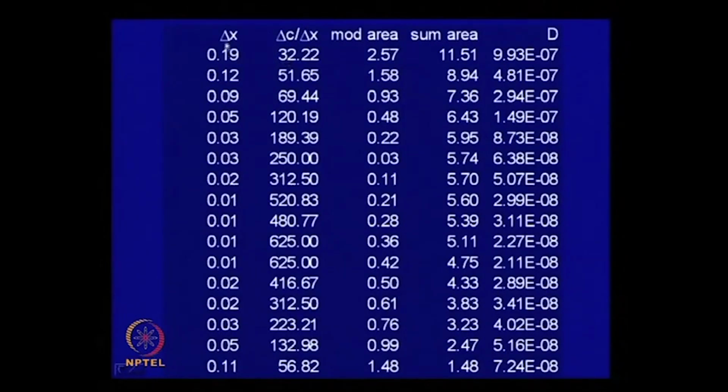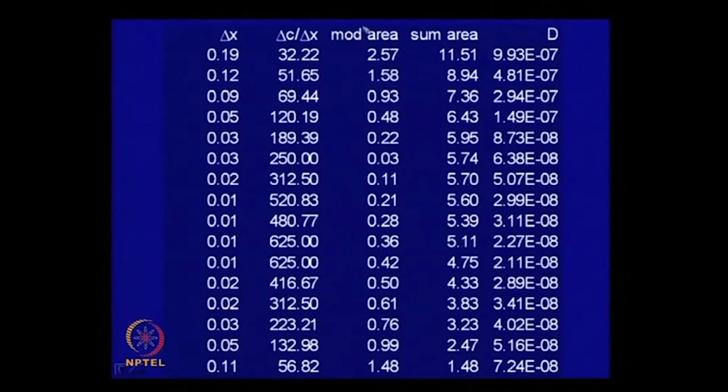Now you can try and find the slope of the plot. You divide delta C, which we have found, by delta x, which you can find similarly, and the ratio of the two gives you the slope of the plot. When you calculate this area, you have to ignore the negative sign, because the total area gives you that amount of mass transport.